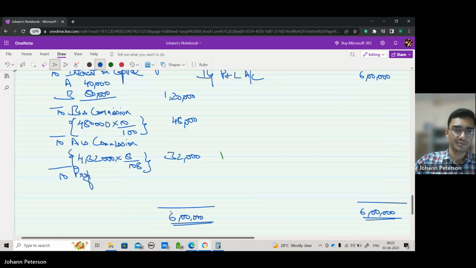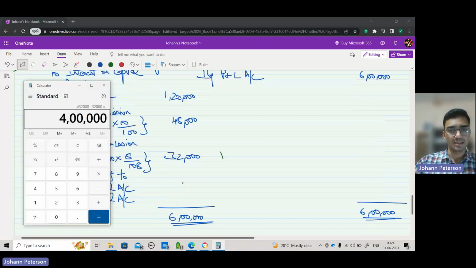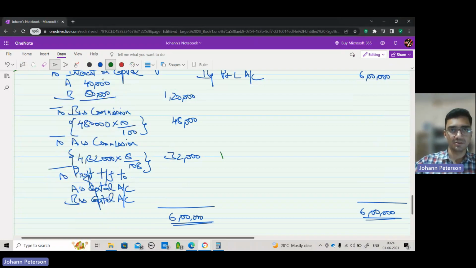So to profit transferred to A's capital account and B's capital account. Now how do we calculate this figure? We know that the balancing figure is 4 lakhs, so I'm going to write the balancing figure over here. This is also known as my divisible profit.